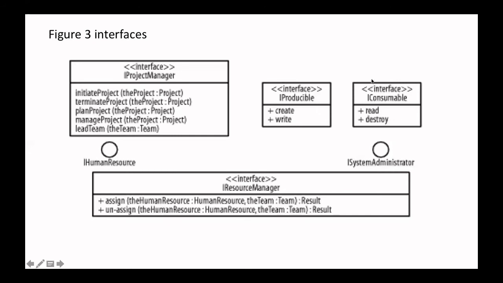And consumable means a product is consumed after development, so read and destroy. According to the product, there will be two operations. So all the collections of operations done by the different classes are within the interface. Interface shows the collection of operations of different classes.